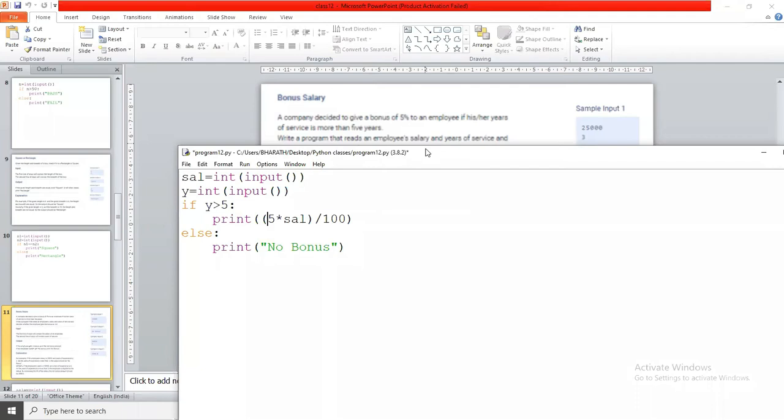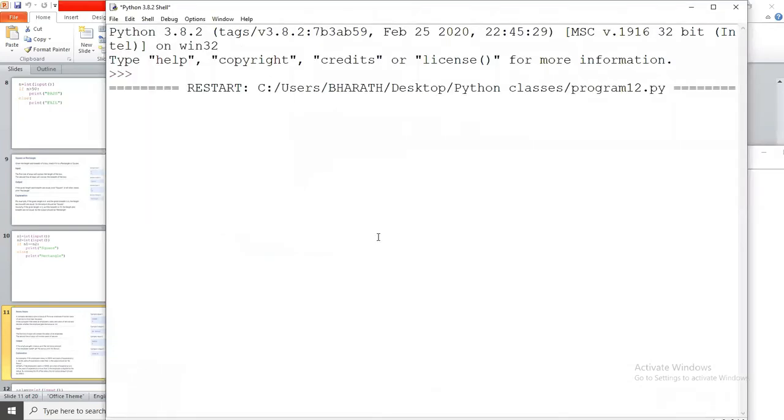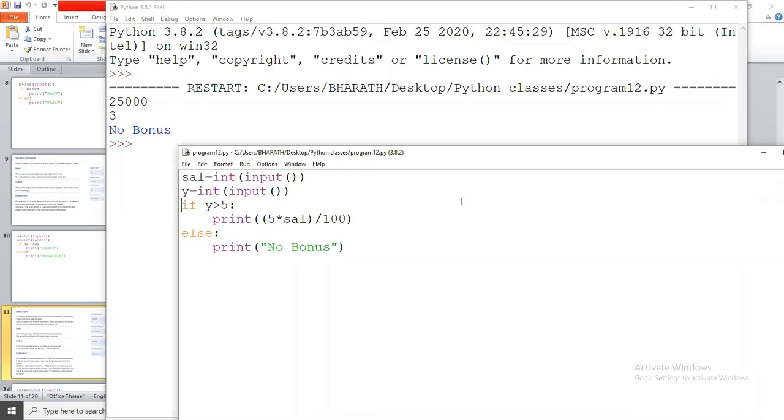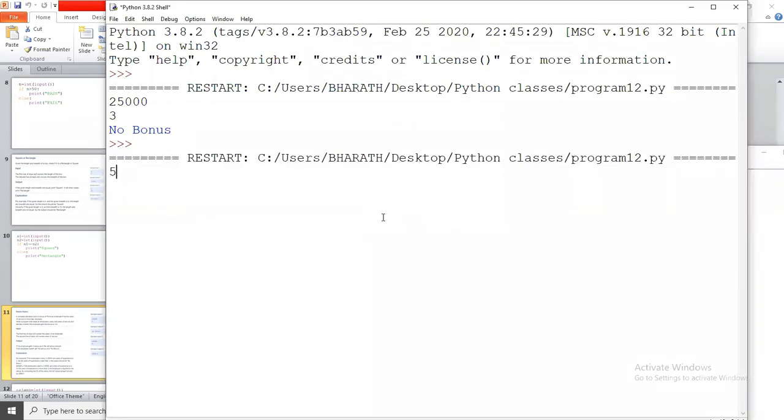Okay, we execute this program. For example, I enter the salary 25,000 and the number of years is 3, so it prints no bonus as output. If I give 50,000 and number of years 6, then 5% is the bonus, so 2,500.